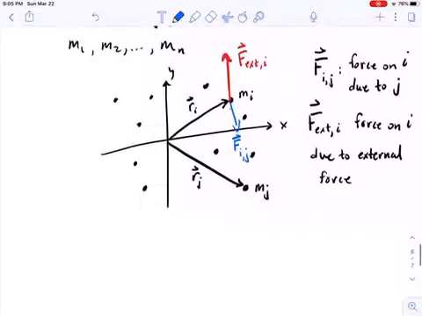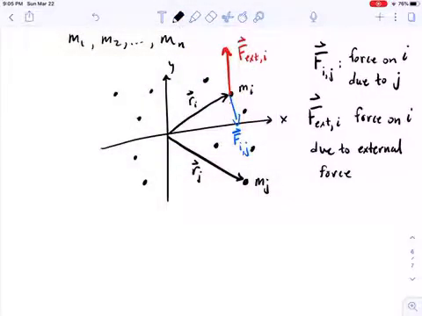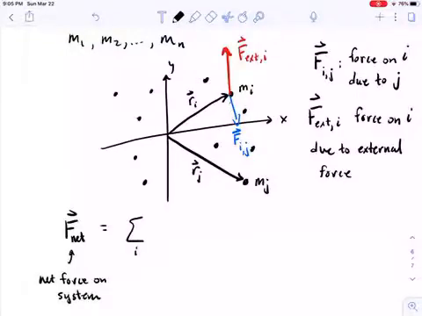Okay, so I want to write down an expression for the net force on the entire system. So F net is the net force on the system. So what do we have to do? The easy one is just to add up all the external forces. So we just look at every particle one by one, i equals 1 to n, and just add up the external force on each particle.